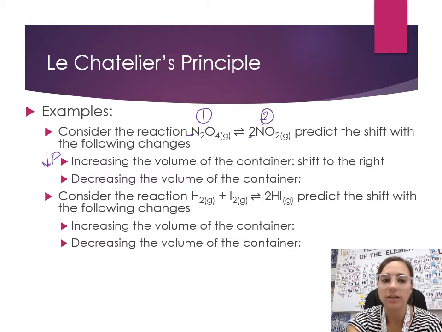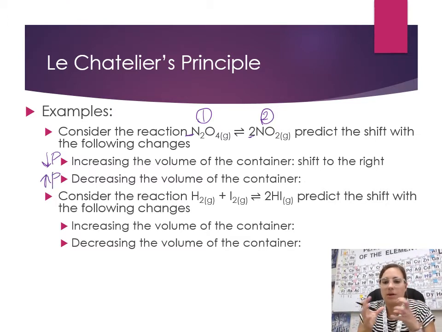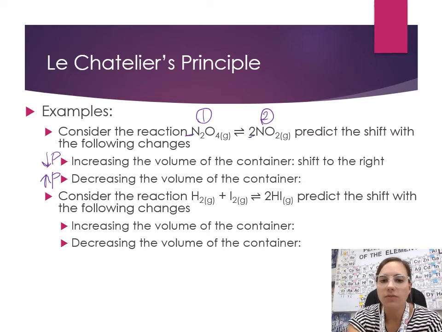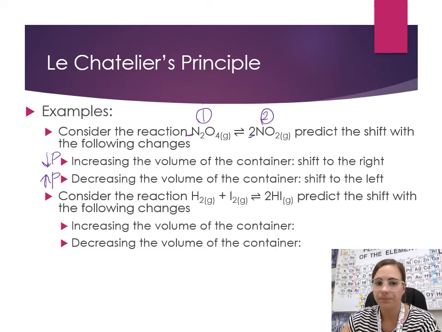If I decrease the volume of the container, I'm going to increase the pressure. Think about squishing a balloon. It's going to eventually explode. Then I got to shift to the side with less gas molecules, which for this one is to the left. Now for this bottom reaction, increasing the volume, again, decreases the pressure.